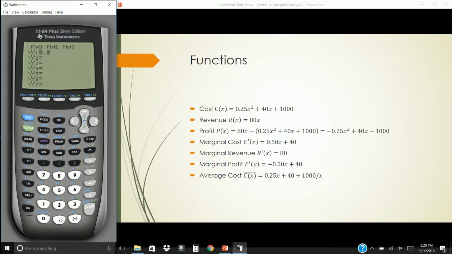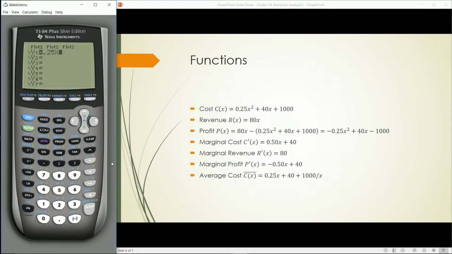And let's take a look at our average price function. Because by doing this, we can take a look to see how much it ends up costing per item for our production. So if we graph, let's see. Not seeing anything, so that's telling me that our window's up too high at this point.